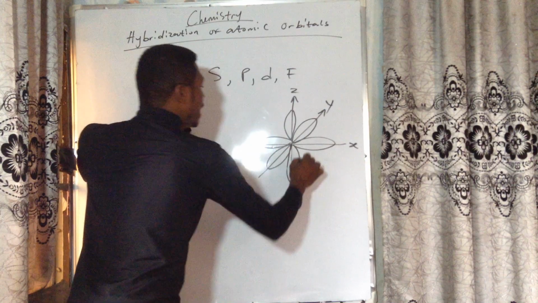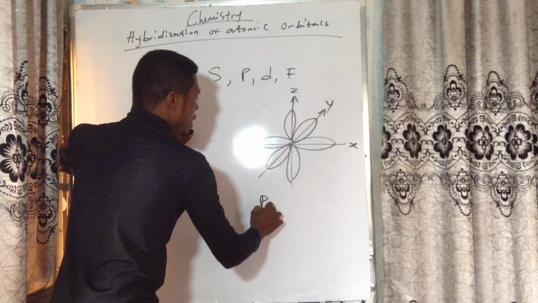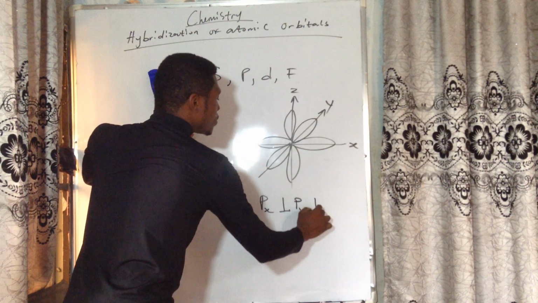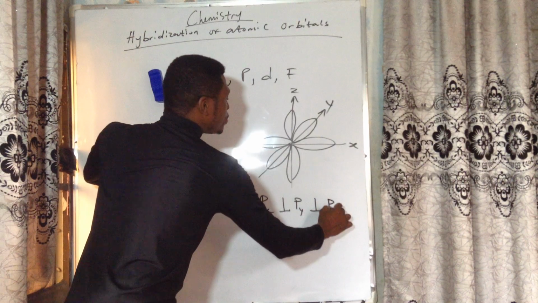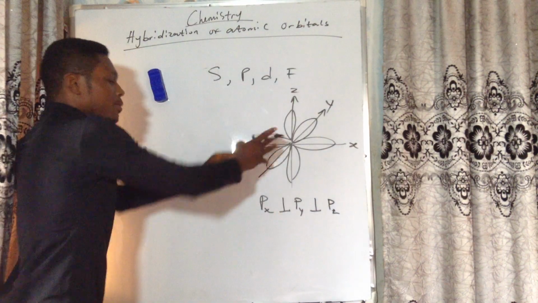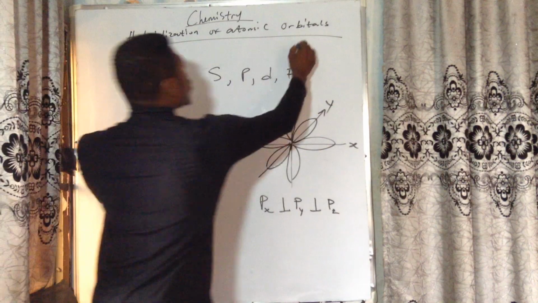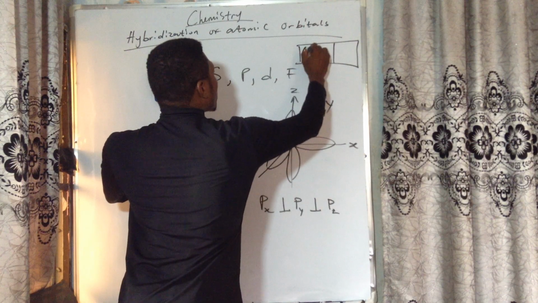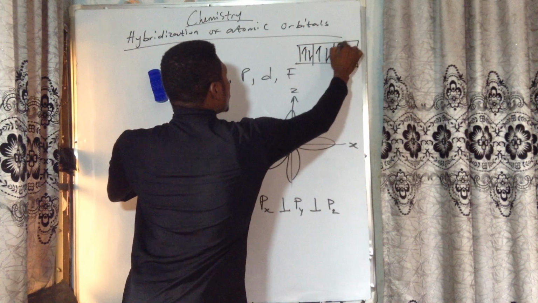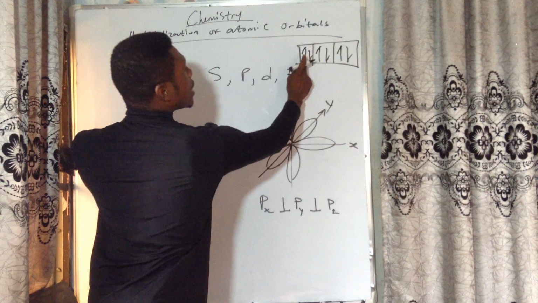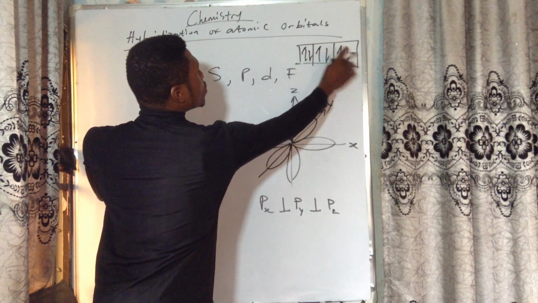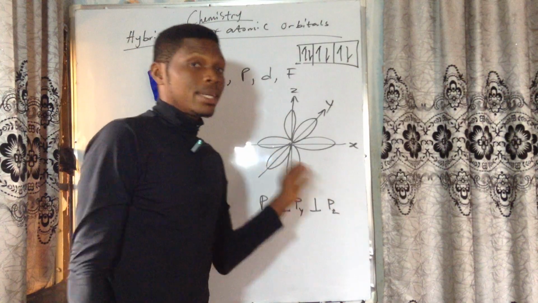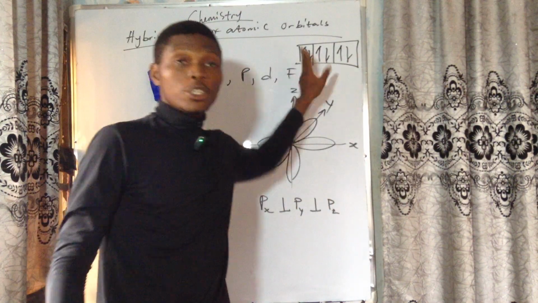They are all perpendicular to each other. That is, the px orbital is perpendicular to the py orbital, and the py is also perpendicular to the pz orbital. This is the shape of the p orbital; it consists of 3 orbitals. These arrows represent electrons, with opposite spin of the electrons in each orbital.